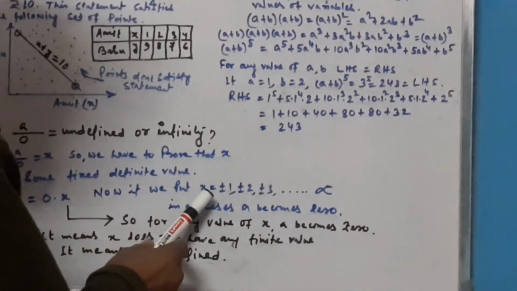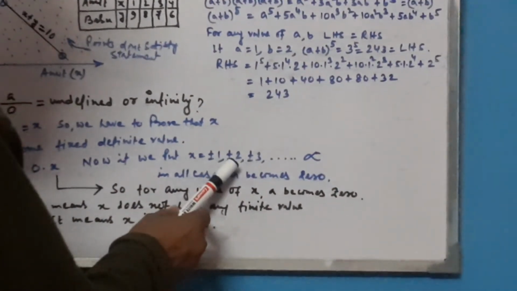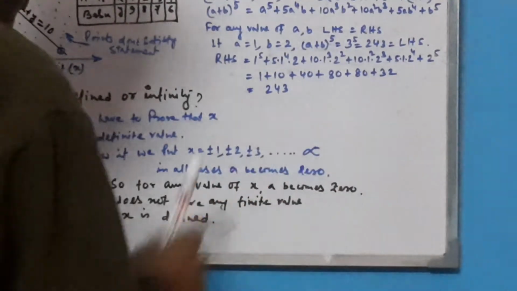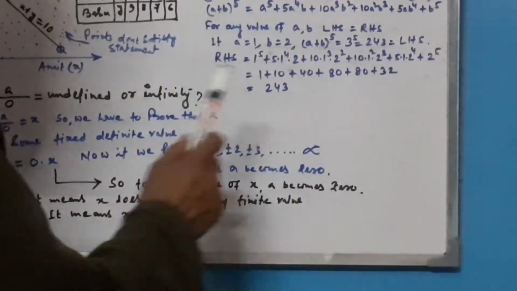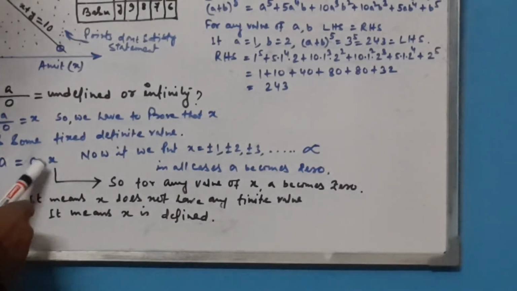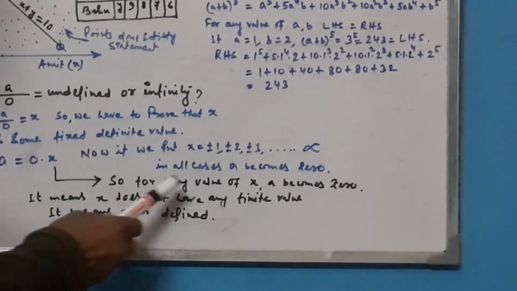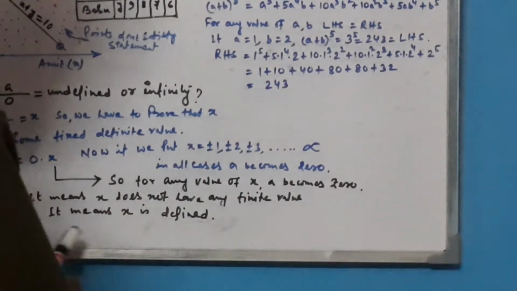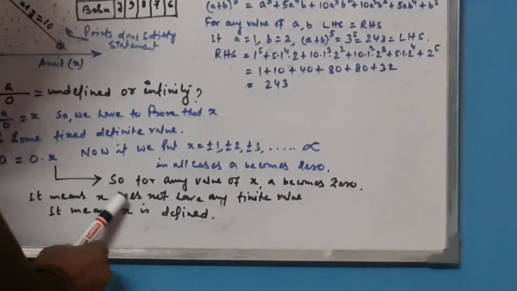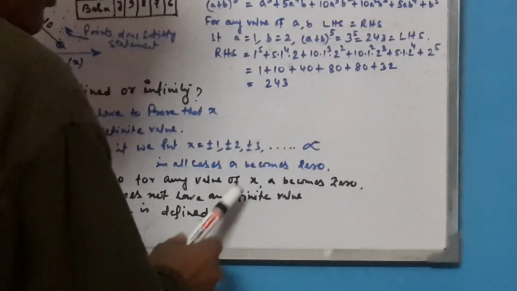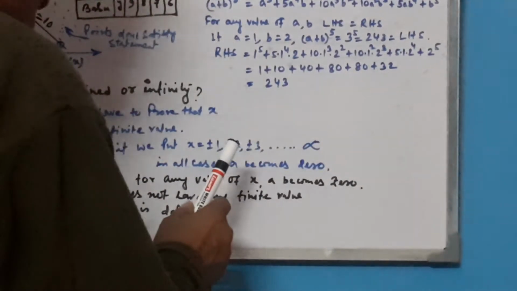Now if we put x equal to plus minus 1, plus minus 2, plus minus 3, plus minus 4, and so on up to infinity, in all cases a becomes 0 because it is getting multiplied with 0. So for any value of x, a becomes 0. It means x does not have any fixed value, any finite value, any definite value.